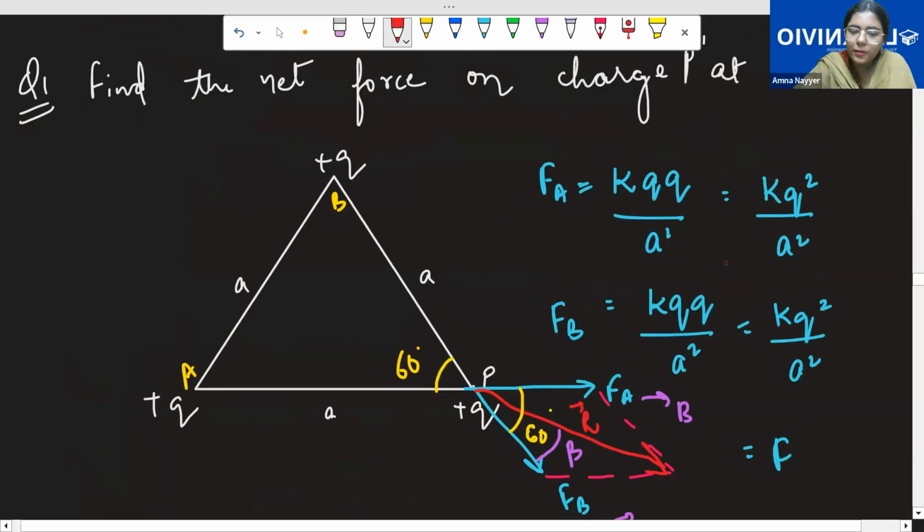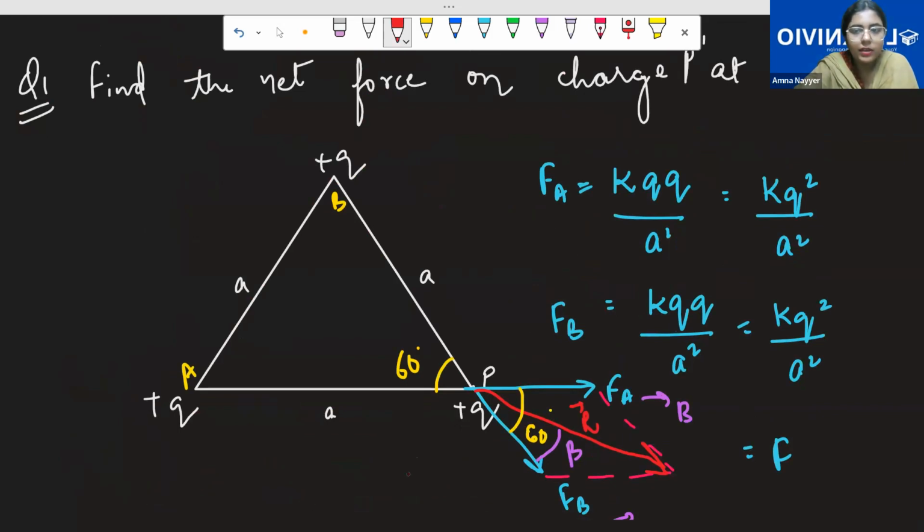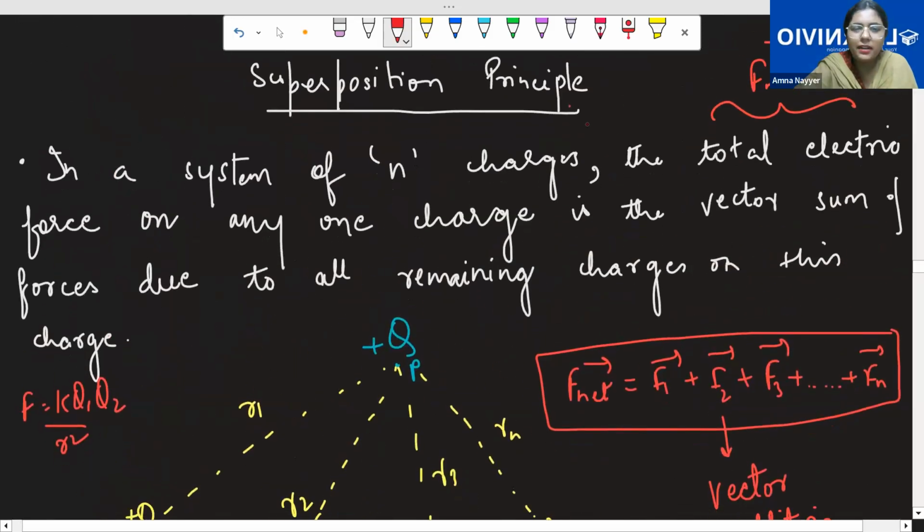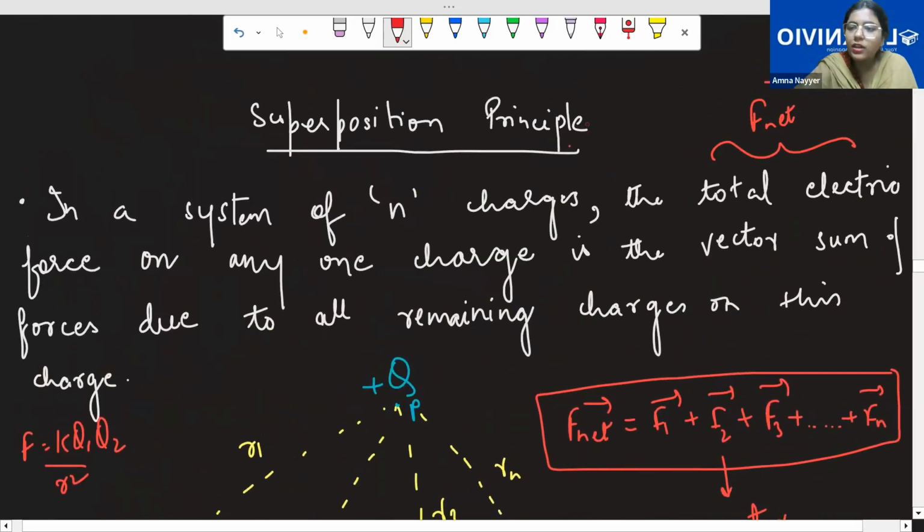Am I clear with superposition principle, class? All right. Yes. Okay. See, for this part, just take the screenshot. Theory part, write it yourself. Take the screenshot and write it down in your registers, okay?